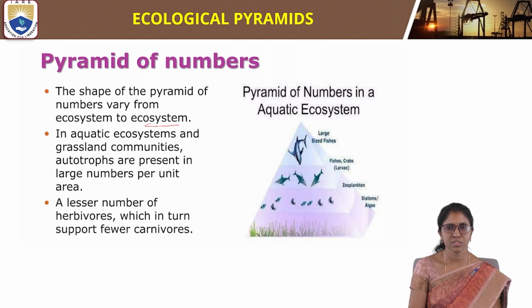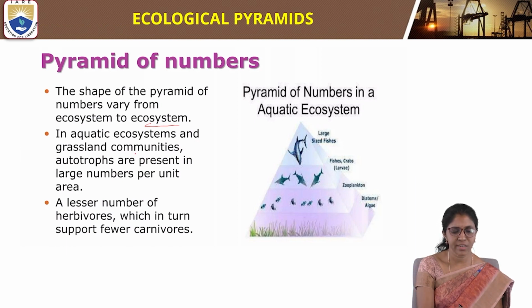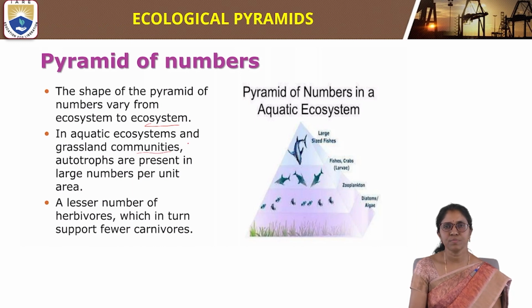In the aquatic ecosystem and grassland ecosystem, the autotrophs, the producers, are present in large number per unit area.